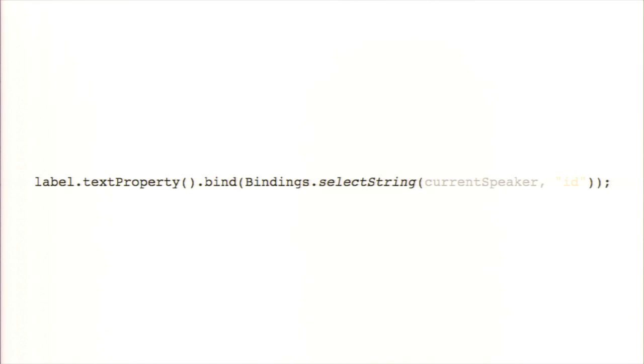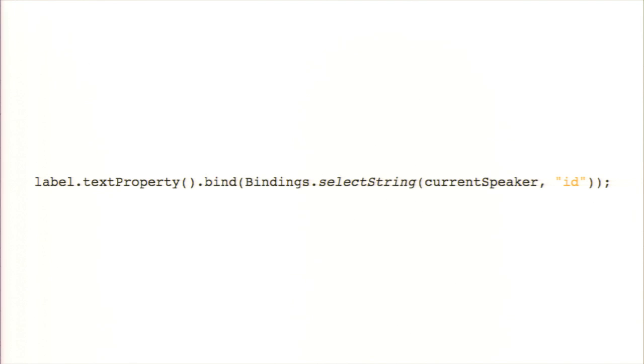And here we use the bindings class, which provides many factory methods to define bindings easily. The select string takes two parameters. The first is the current speaker. That's another object property here. And then we add the name of a field. And with that, we create a binding that returns us the ID of the current speaker.